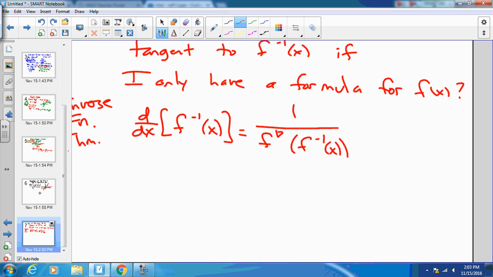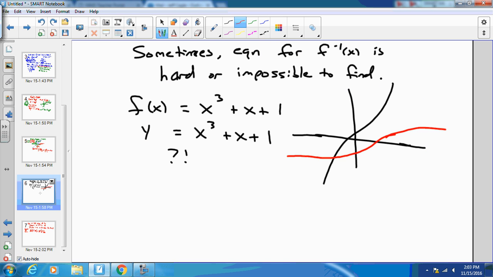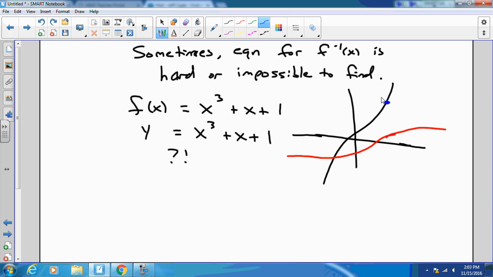In other words, going back to our previous graph that we had of f and f inverse, what I'm saying is that if you take matching points here and here that match each other, A, B, and B, A, and if you draw tangent lines, those tangent line slopes have to be related to one another as reciprocals.